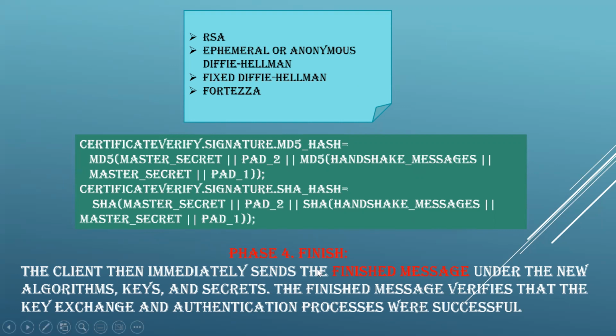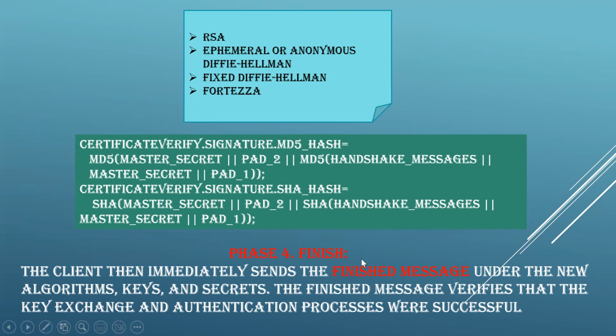Finally, going into phase 4, which is called the finish phase. Here the client will send the finish message when all the secret keys, key exchange and algorithms are completely verified.